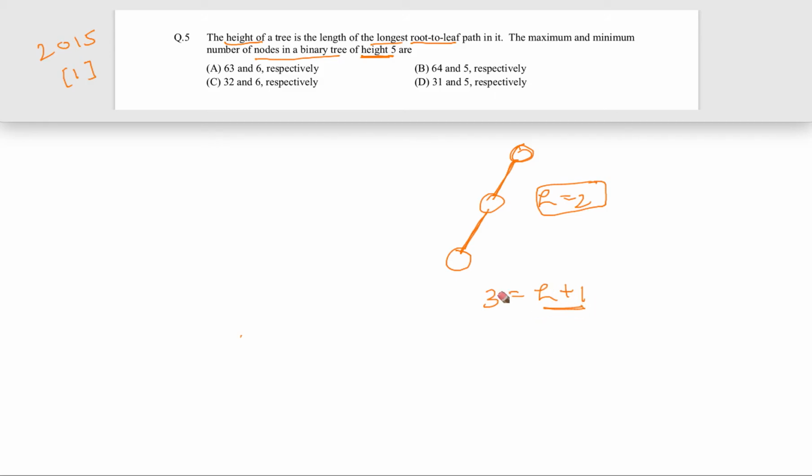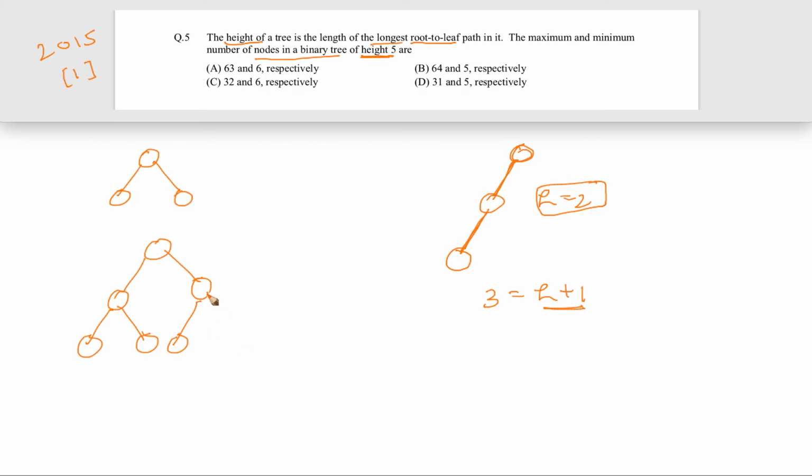Okay, what about maximum? Let's consider height 1. For height 1, this is the maximum number of nodes that can happen. For height 2, we can have something like this. Most number of nodes we have to fit in. If we don't have this, then we can have one more node and still it is going to have height 2.